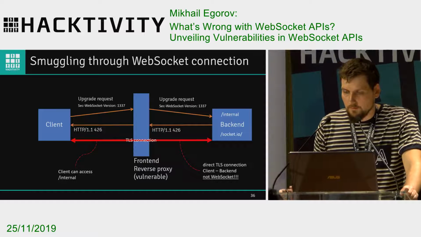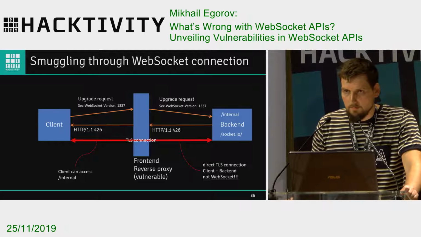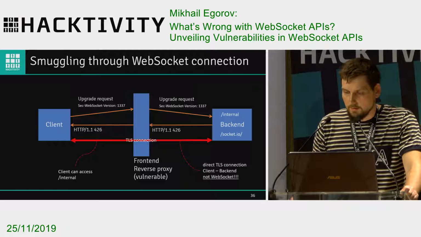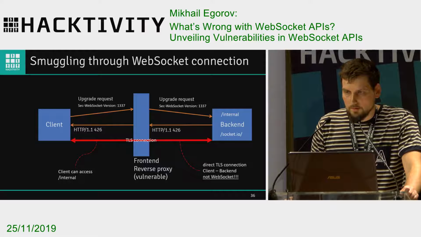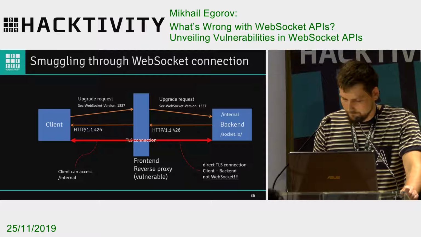But the reverse proxy thinks that a WebSocket connection was established. If the client sends an HTTP request to the /internal path over that TLS connection, he can access the private REST API. Awesome. Here, additionally, the reverse proxy also does not check that the client masks WebSocket frames.